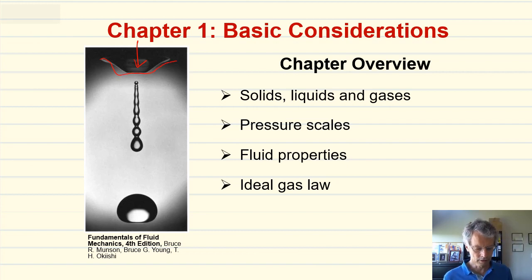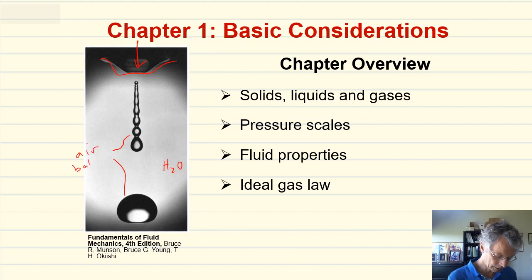So above the image you can think of that's the atmosphere, and below it this is water here, but these features here are actually air bubbles or air cavities. So when a raindrop hits the surface of a lake or ocean, it entrains some air and creates this very interesting flow and creates a number of air bubbles.